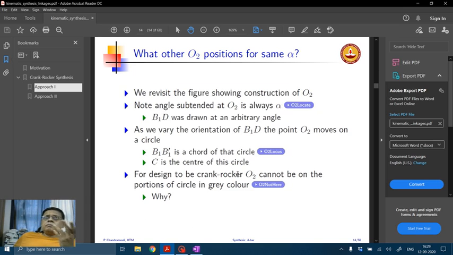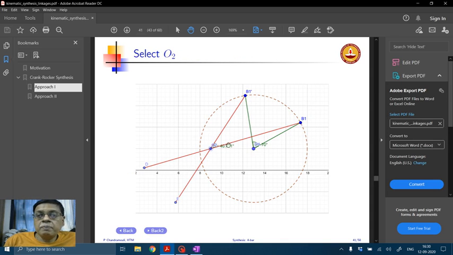Now, what are the choices that we have for O2? Remember we drew B1D arbitrarily, and then we drew a line from B1 prime at an angle of alpha to the B1D line. Now, obviously, there are many such lines that can be drawn. So let's go back and look at the same picture here.